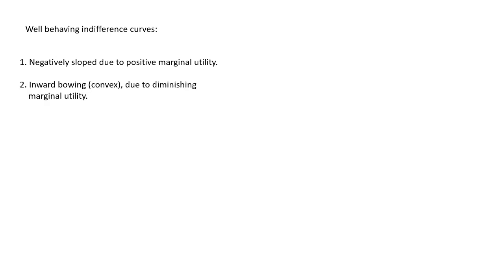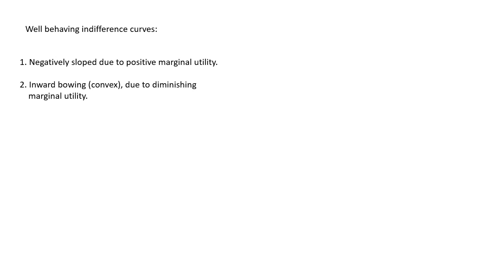The second one is this inward bowing or convexity. This is due to the diminishing marginal utility. That is, if you already have a large amount of y, then its marginal utility will be much lower than that of x.